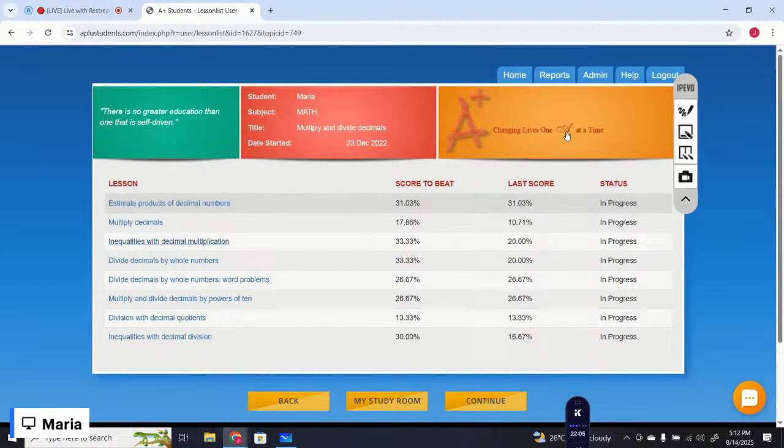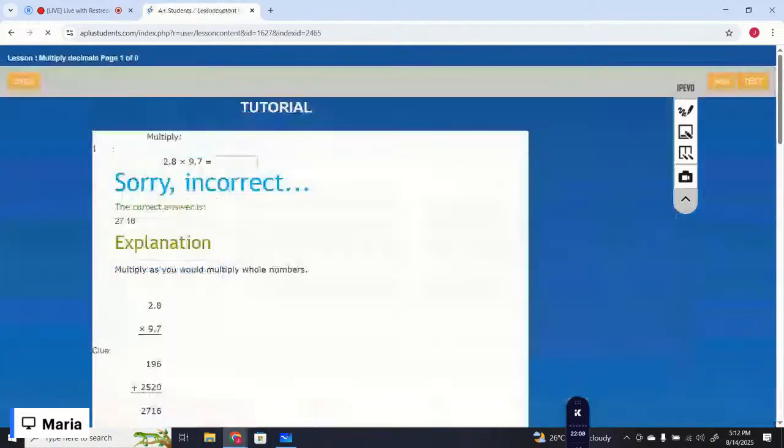So let's just start with the next lesson, that is multiply decimals. 2.8 times 9.7.